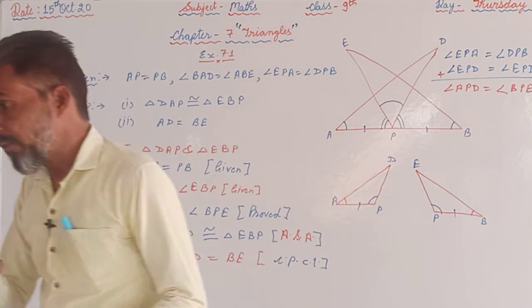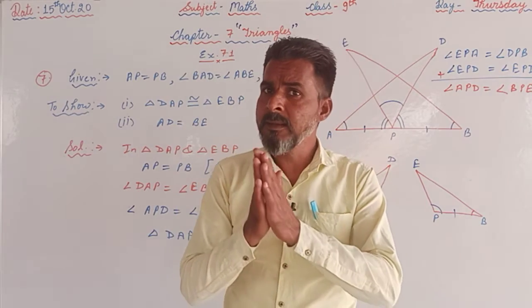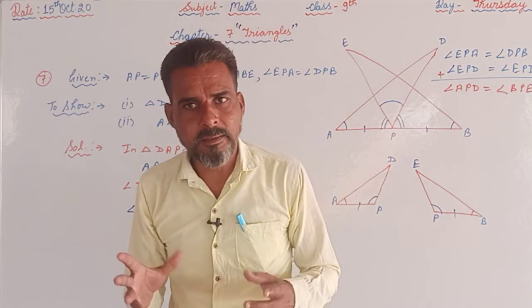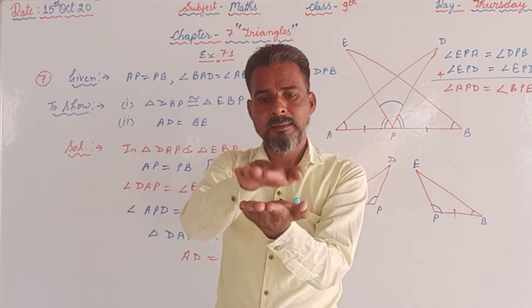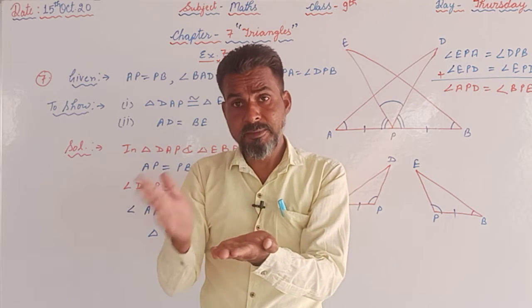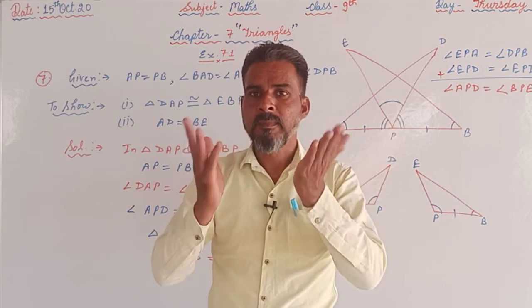At the same time, I want to repeat again the congruency. Congruency means two figures; here in this chapter we are discussing triangles. If you put one triangle over the other and that other triangle completely overlaps it, then we can say the triangles are congruent, means the twins, same like our hands.